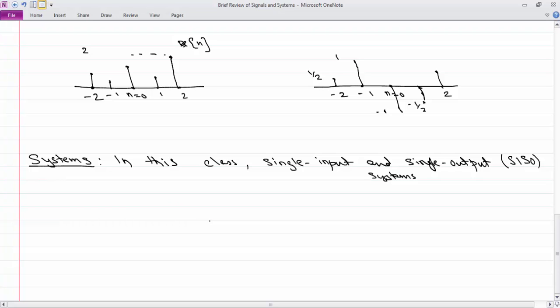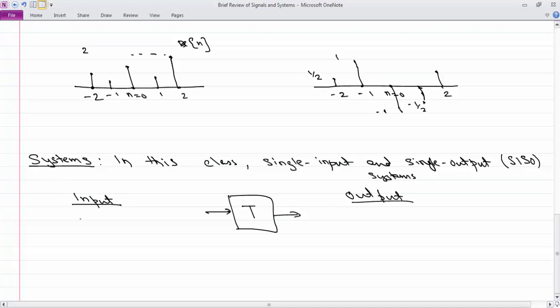Now, a system can take either a continuous input and produce a discrete output, or any combination thereof. So here is the input, here is a system which is sitting in, let's call that system T, and here is the output.